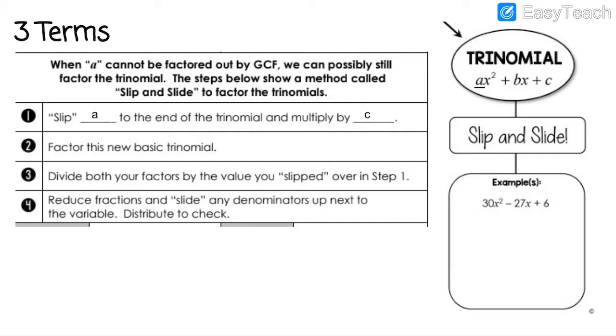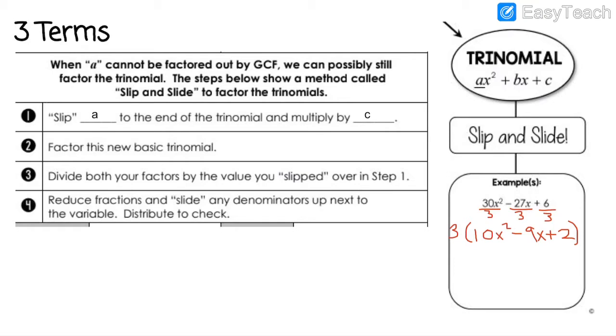So 3 will. So we can divide each of these by 3. And then we're left with 10x squared minus 9x plus 2. And don't forget that greatest common factor on the outside.